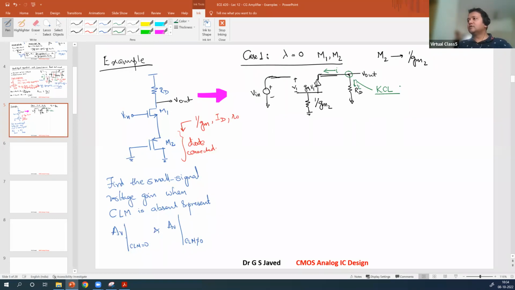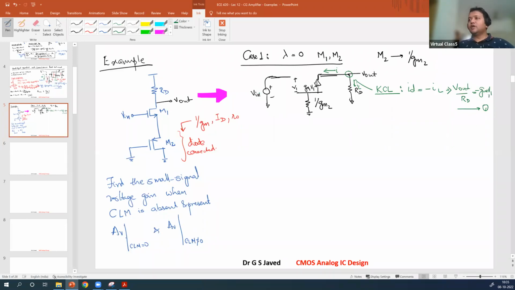So ID is equal to minus IL, that is equal to Vout by RD. And this ID is now equal to gm V1, right? Minus gm V1. So that is equation 1. So Vout by RD is equal to minus gm1 V1.